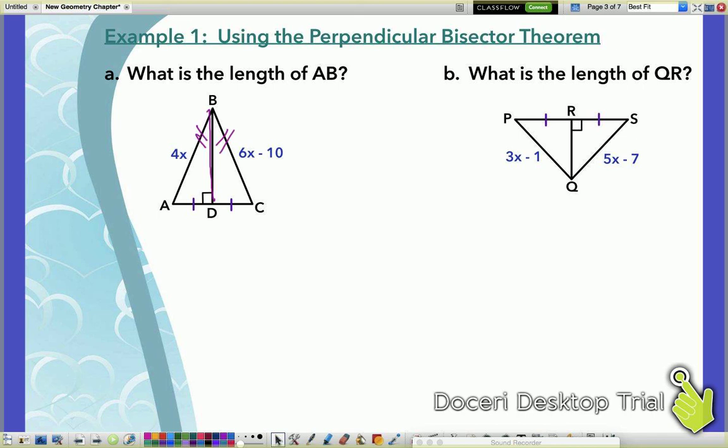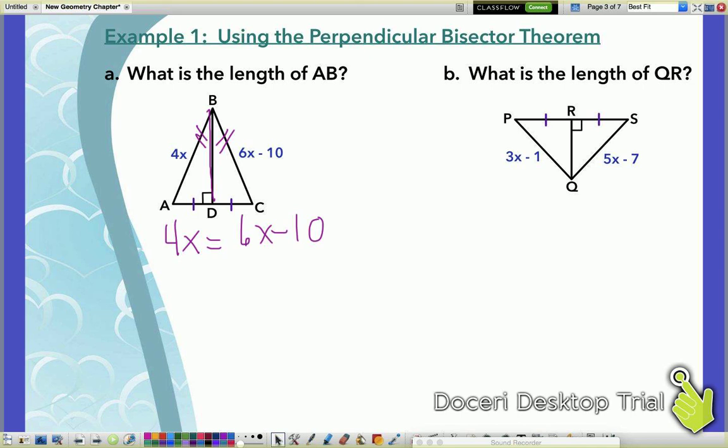So how do we solve that then? We set 4x equal to 6x minus 10. Careful with all of these. We're going to solve for x, but it's asking me for the length of the side. It's going to ask me that almost every time to see what the actual side length is.